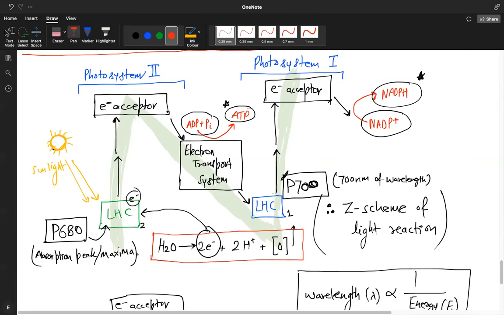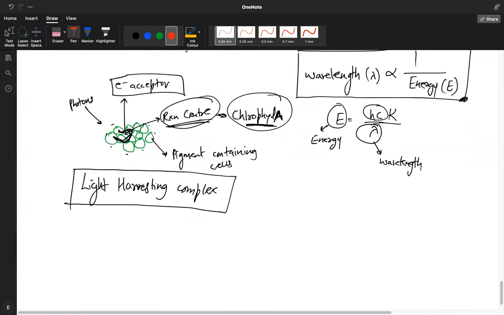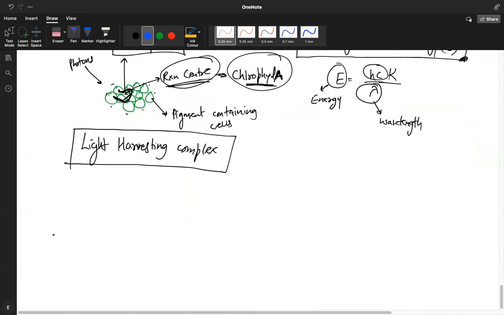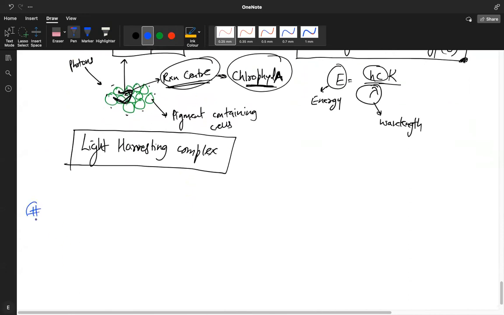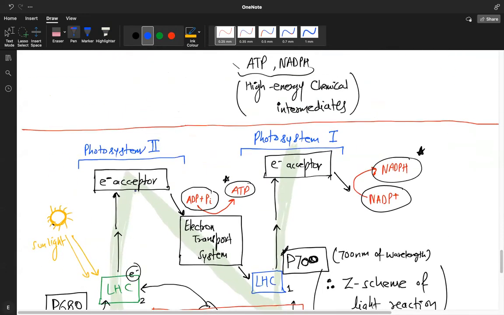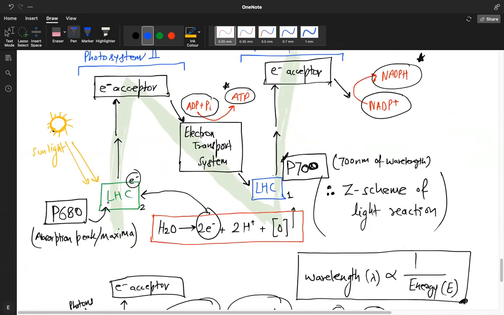Now let's talk about this reaction, splitting of water. Because if splitting of water stops, the supply of electrons to the light harvesting complex of photosystem 2 will stop.